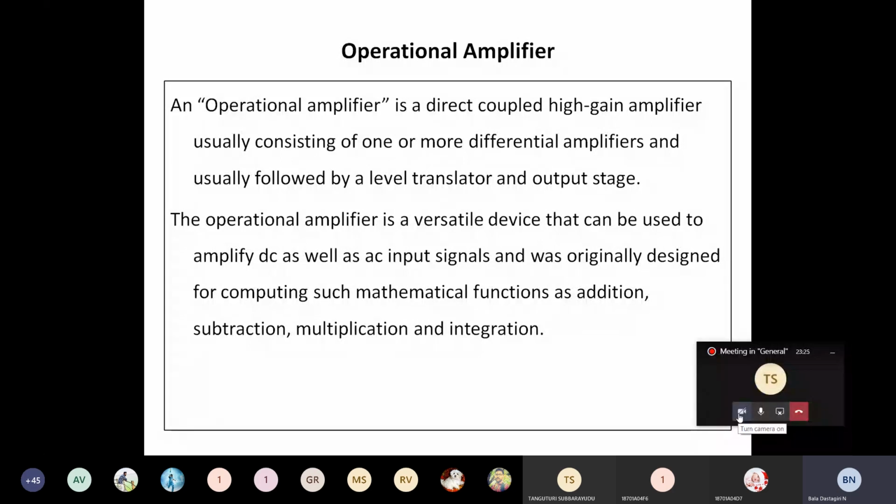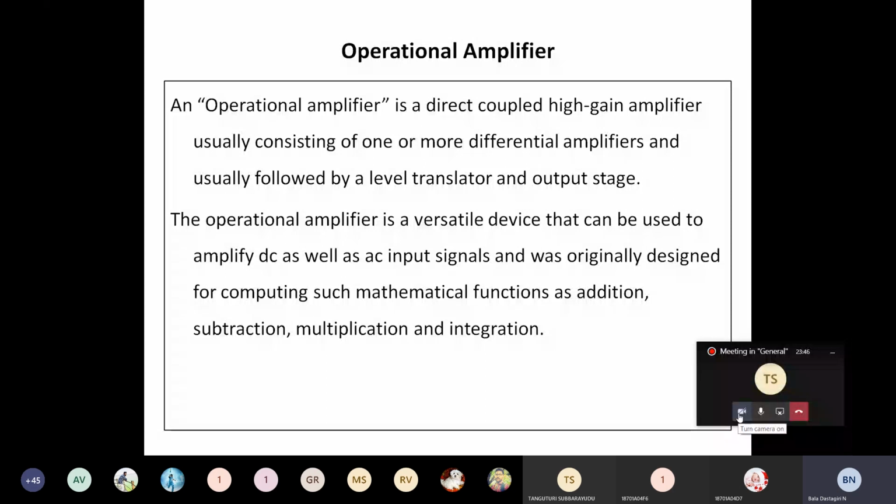If you want to describe the definition of an operational amplifier, you can say that the operational amplifier is a versatile device, an amplifier that can be used to amplify DC as well as AC input signals.